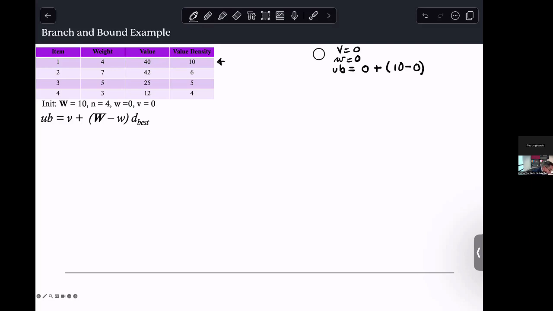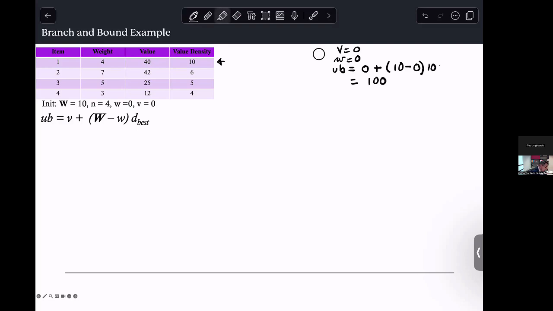So the best is 10, and the value here is going to be, I will put it below, 10 times 10 is going to be 100.